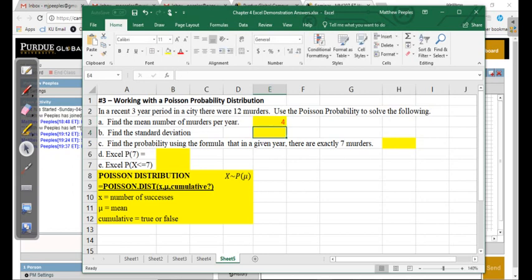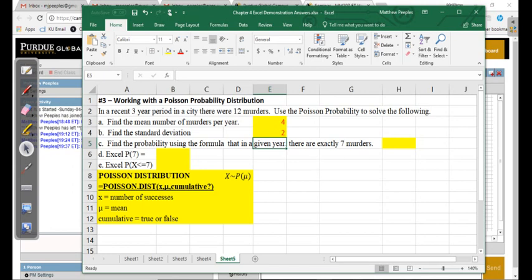And sure enough, our mean number of murders per year is 4. What's the standard deviation? Well, the standard deviation is always given by taking the square root of the mean. So in this case, if we take the square root of our mean, we get 2, right? That's our standard deviation.